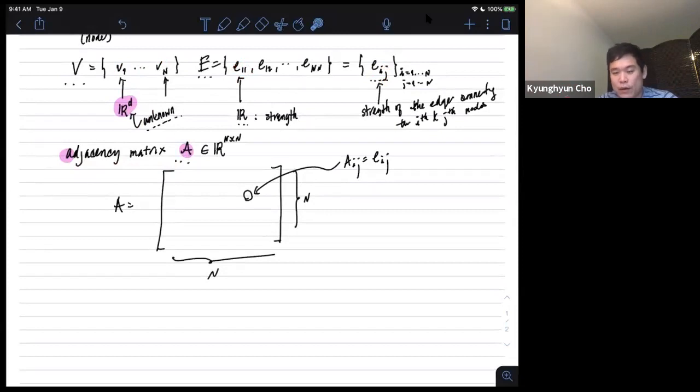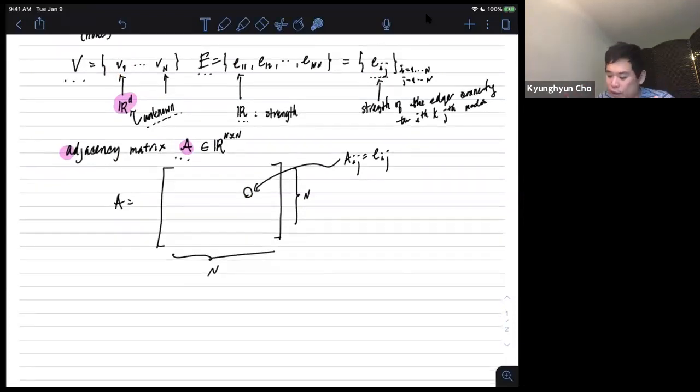And what we are assuming here is that the strength of the edge connecting two nodes must be representable by the vector representation of the vertices. That's what we're assuming. At this point, we are not even going to assume that this adjacency matrix is symmetric.